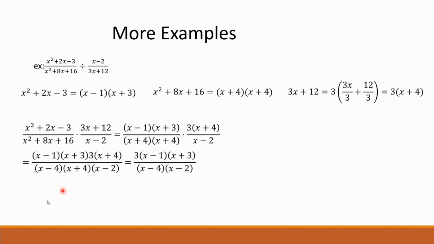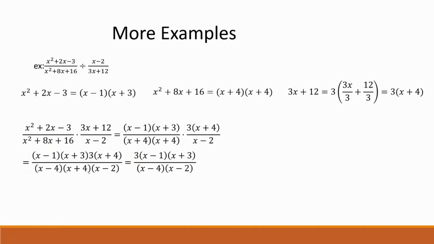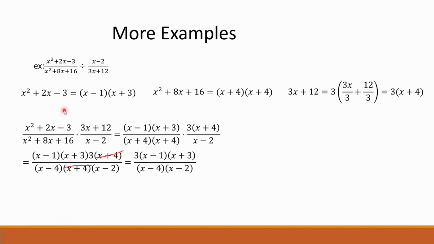As you can see, by doing that, we can cancel. The only real thing you can cancel is x plus 4. So those cancel, and they're gone, and we get this. I know this one hopefully is not too confusing. I probably should have stuck with the order of it, but in the long run, it doesn't matter that much because we're going to simplify anyway. To divide, again, you take the reciprocal and you multiply.